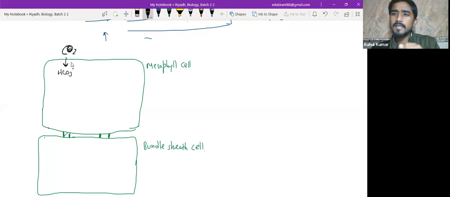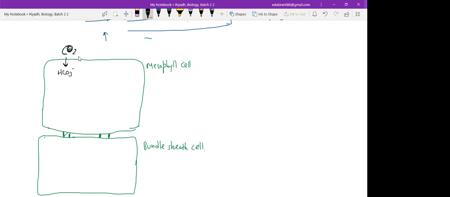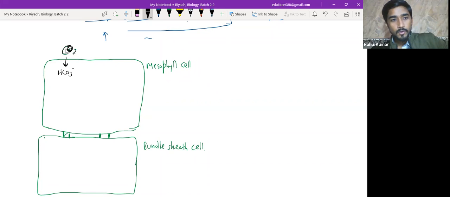Remember, CO2 can easily be converted into carbonic acid. There is an enzyme called carbonic anhydrase that converts CO2 into bicarbonate and bicarbonate back into CO2, from the blood vascular system in humans. Is it clear, everyone? So here, when CO2 comes in and becomes HCO3 negative, this reaction is done by an enzyme called PEP carboxylase.